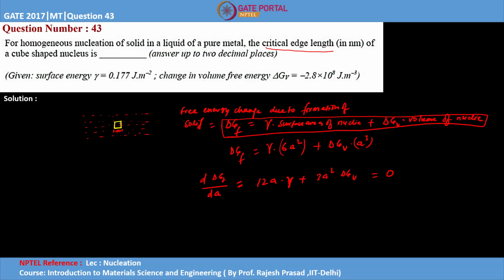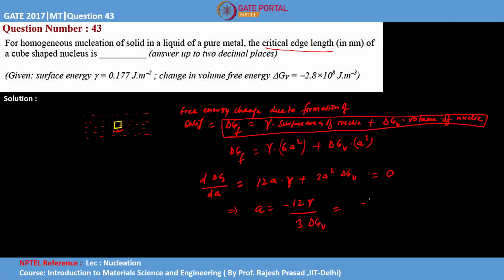If this is equal to 0, this will give you the minimum edge length with which we can form a stable nuclei, right? So if you equate this with 0, the value of A we will be getting is A equal to minus 12 gamma upon 3 delta GV, right?